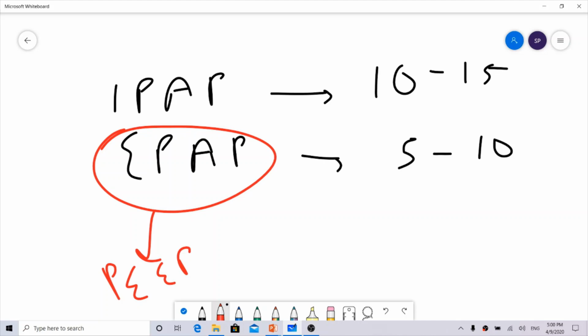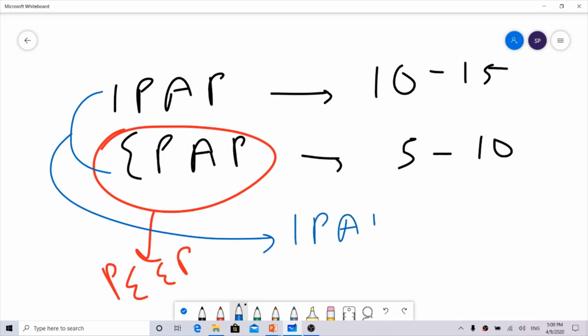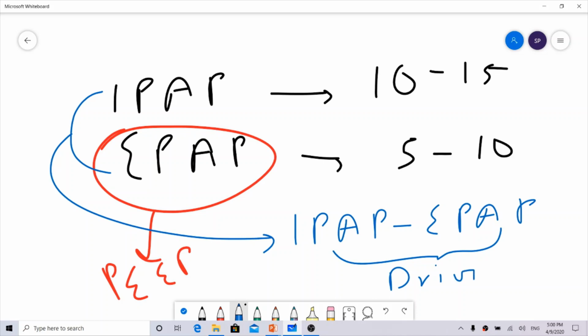The important thing is this difference. IPAP minus EPAP is basically the driving pressure into the lung, and this determines the tidal volume.